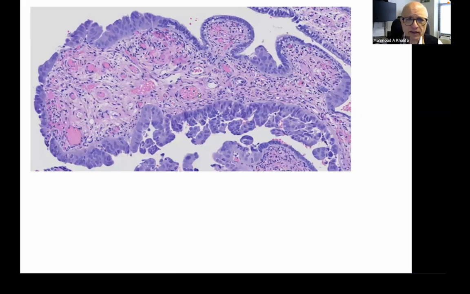So I think this is an easy case. If this is the normal epithelium of the fallopian tube at the fimbrial end, it is normal because you have two cell types, the secretory and the non-secretory types, and you have cilia. So once you have two cell types and you have cilia, then this is normal.